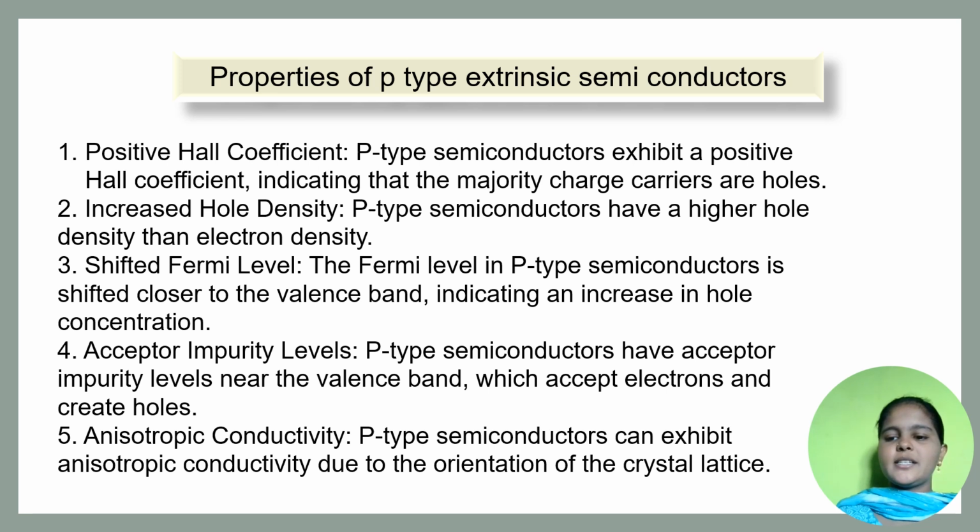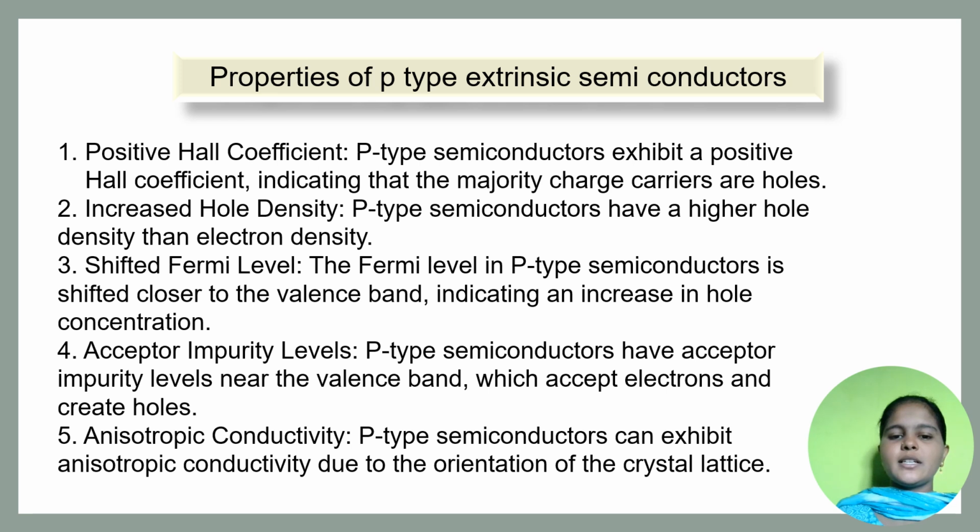Here are the properties of p-type semiconductors. P-type semiconductors exhibit a positive Hall coefficient, indicating that the majority charge carriers are holes, the increased hole density. P-type semiconductors have a higher hole density than electron density. Shifted Fermi level: the Fermi level in P-type semiconductors is shifted closer to the valence band, indicating an increase in hole concentration.